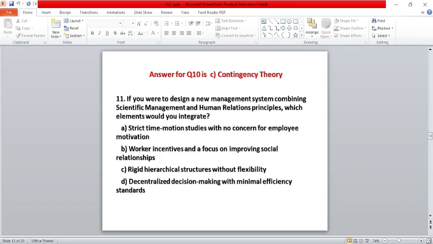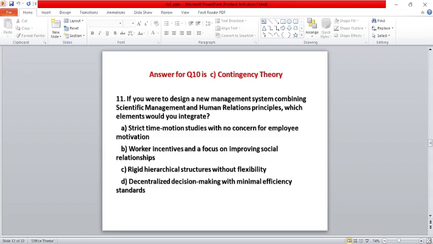C. Rigid hierarchical structure without flexibility. D. Decentralized decision making with minimal efficiency standards. The answer for question number 11 is B. Workers' incentives and focus on improving social relationships.